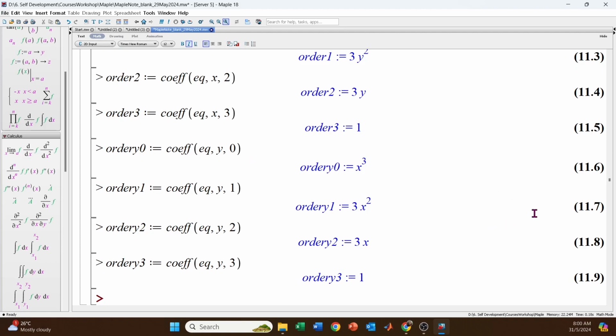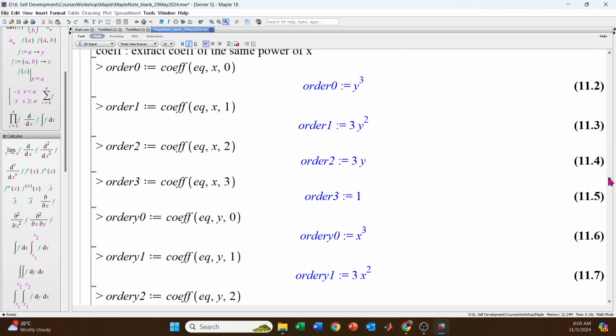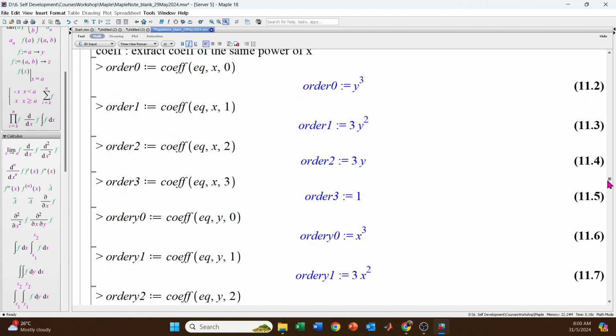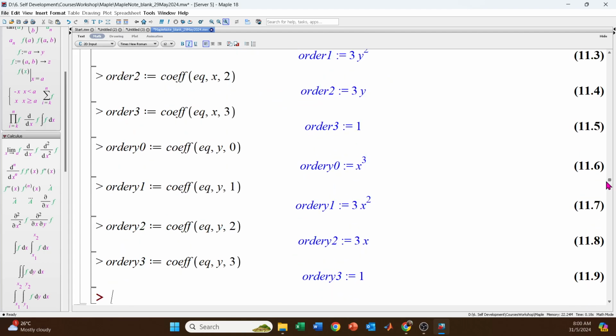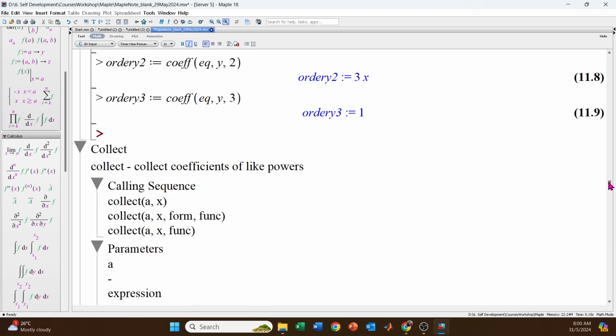So the coefficient for y power 0 is x cubed. Y power 1 is 3x squared. Y power 2 is 3x. And then for y cubed, the coefficient is 1. So this is the purpose of coefficient.